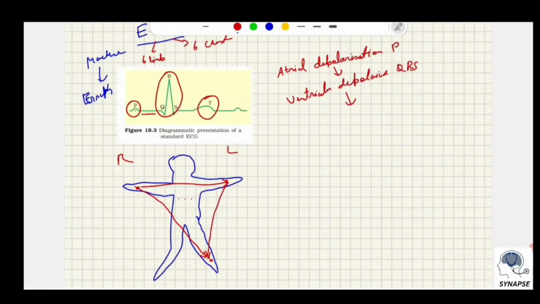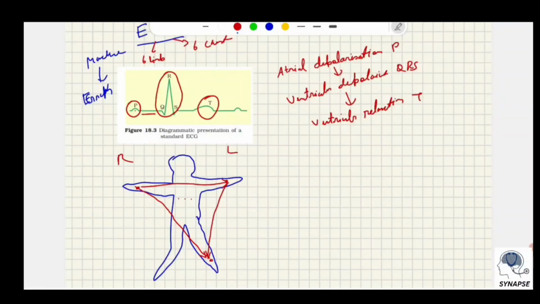And after this, we have the T wave, ventricular repolarization. When I say T wave, it means ventricular relaxation. The ventricle has started to relax, and when it is completely relaxed, the T wave ends.